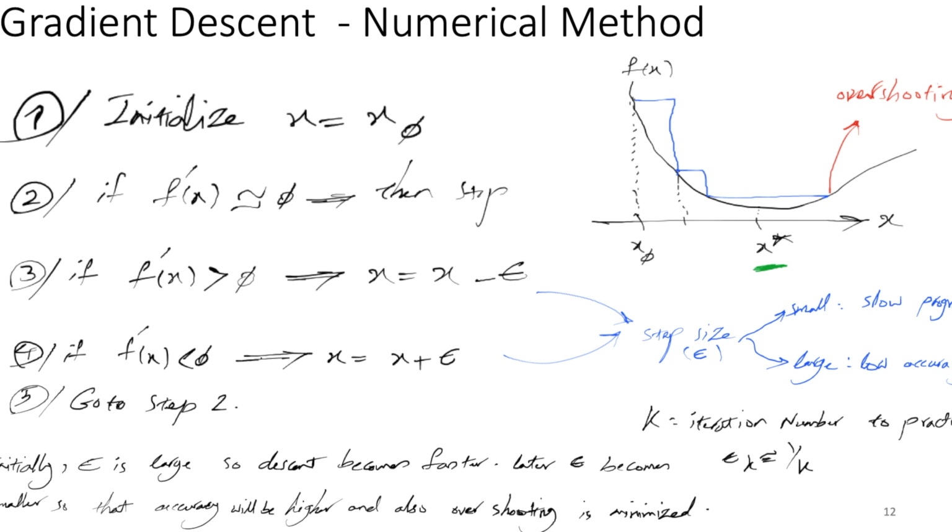Initially you are interested in having higher values for epsilon, so that the descent becomes faster, but later this E becomes smaller so that the accuracy is higher, and we can find the minimization of the function without overshooting.